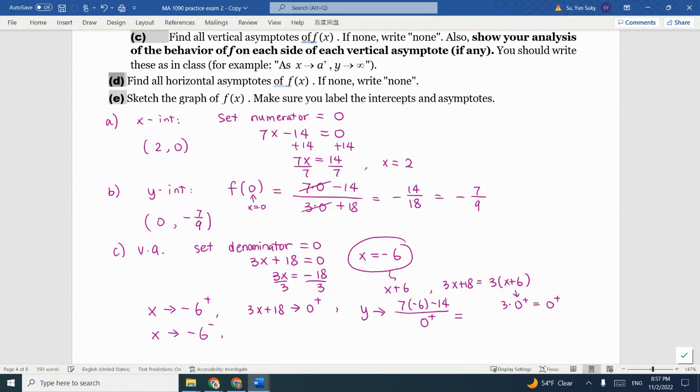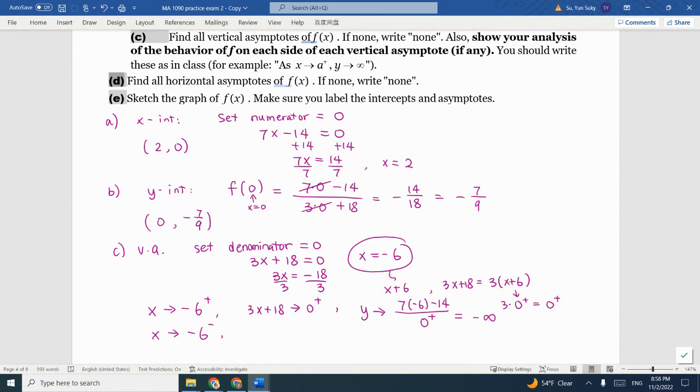Now, do you see the numerator? 7 times -6 is a negative number. We subtract 14, still a negative number. So a negative number over 0 plus goes to minus infinity.